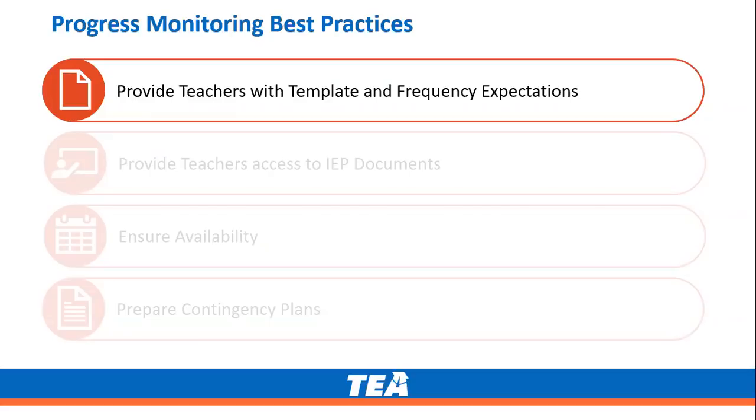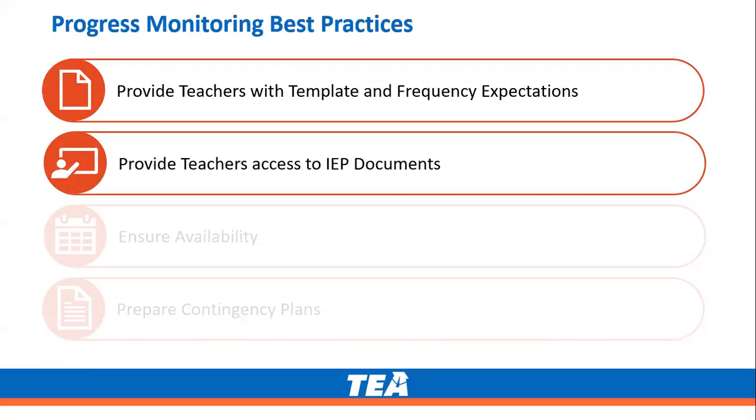Next, provide teachers with a template and frequency expectations. Develop a template and frequency protocol and train staff in how to use that protocol for documenting IEP goal progress, accommodations, and specially designed instruction by the general education teacher, special education teacher, paraprofessional, and or the related services and speech providers.